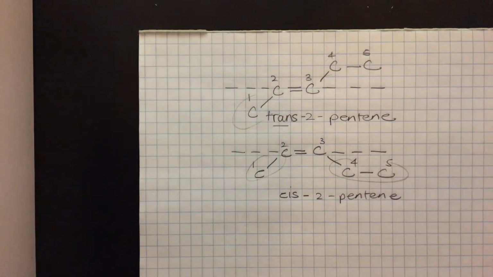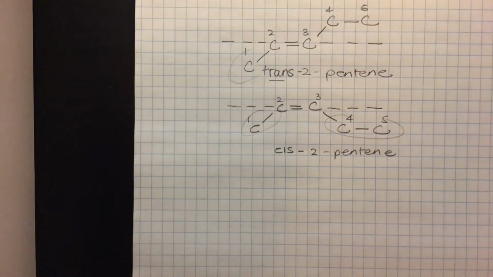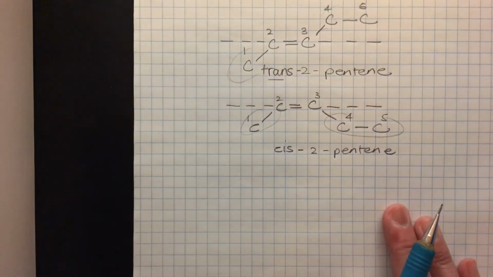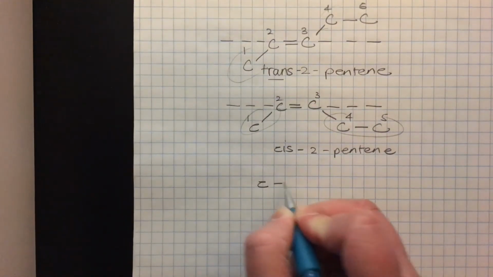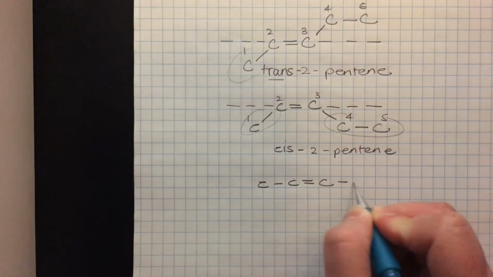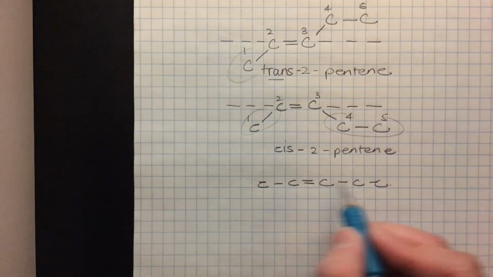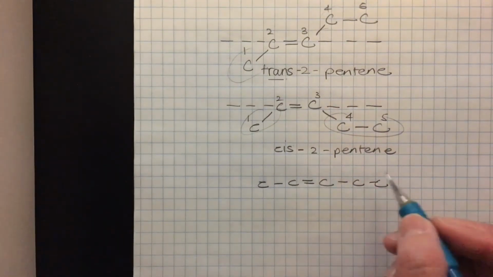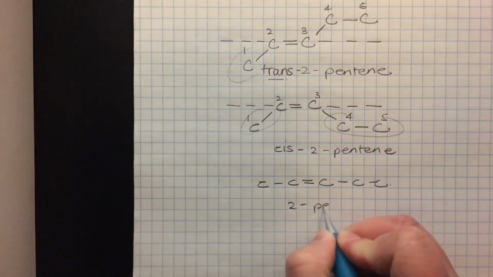Now you might say, well, it seems like there's a lot to remember, and there is. For our purposes, when we go about naming this, if I draw the molecule and it's going to look something like this, I am not going to require you to tell me whether it's trans or cis, and you're just going to name this normally as 2-pentene.